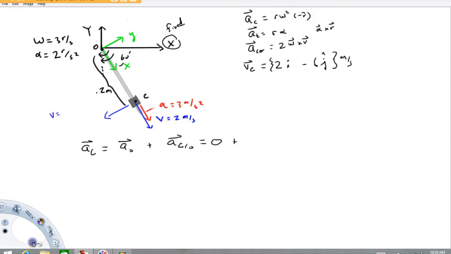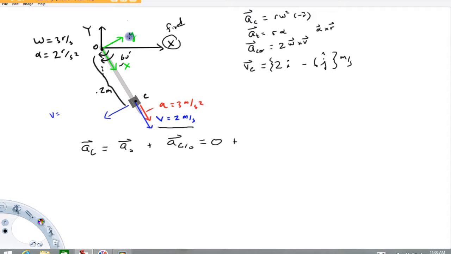I'll take that into account here in a minute. And then also this velocity is changing due to this angular velocity. That's going to give us a Coriolis term. And don't forget that c also is accelerating away from O at 3 meters per second squared. So this is the acceleration of c with respect to O in this set of coordinates. And all four of these effects have to be taken into account. So let's go through them one at a time.